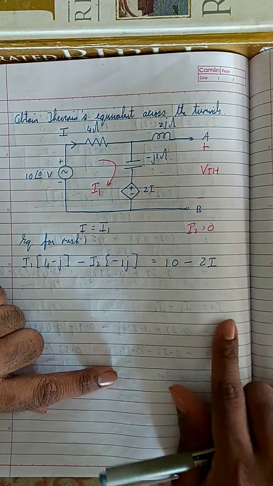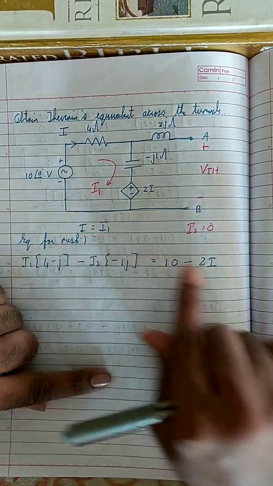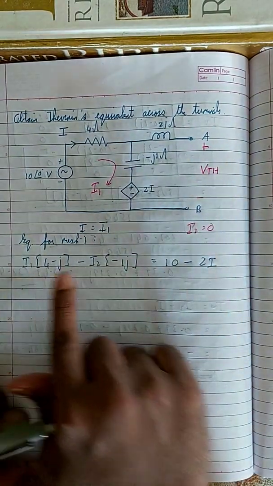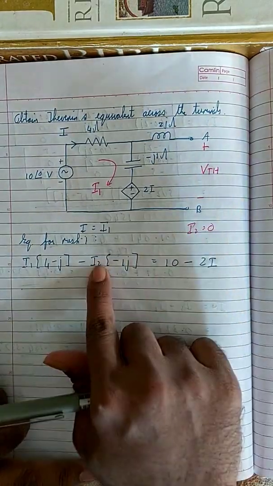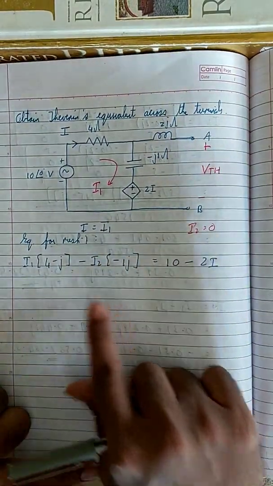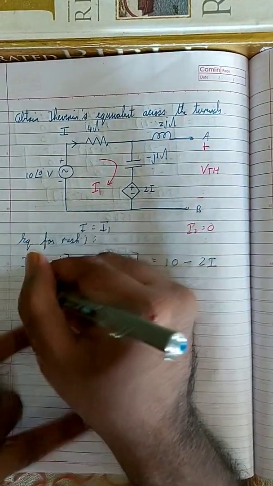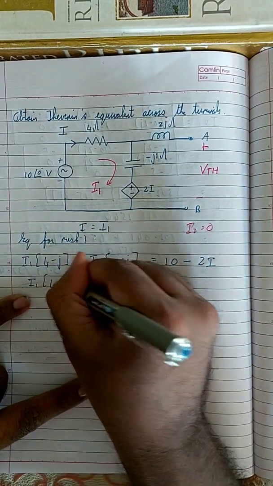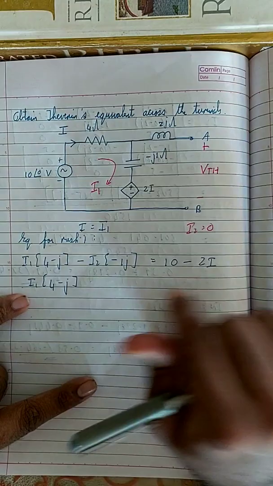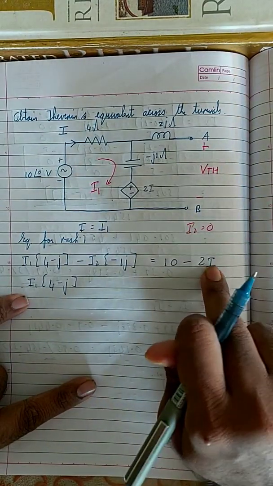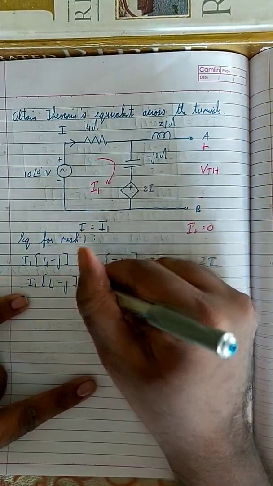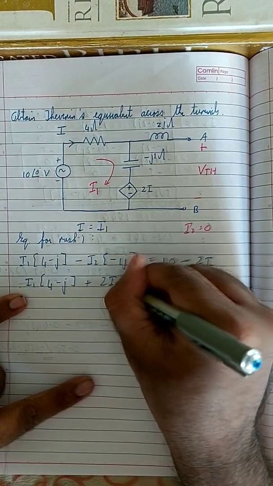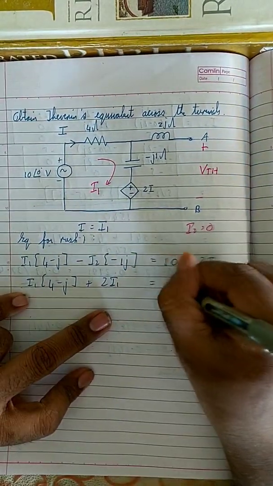Now, we already know that I is equal to I1, so I will substitute I1 over here, expressing this equation in terms of I1 and I2. Of course, I2 is also 0, so you can remove this term. We are left only with I1: I1 into 4 minus j, plus 2I1, is equal to 10.